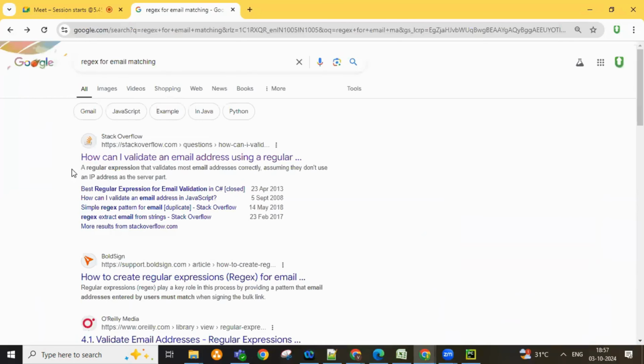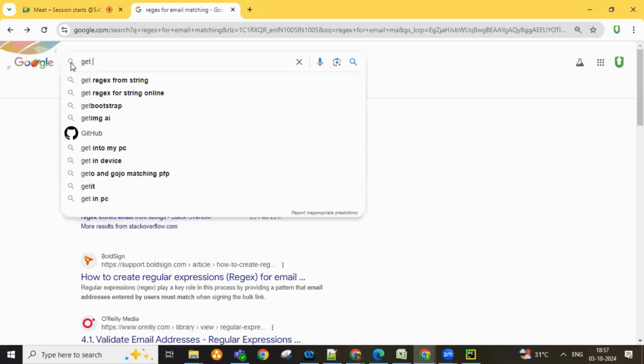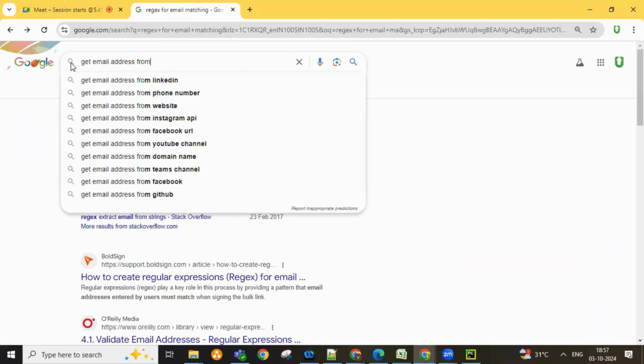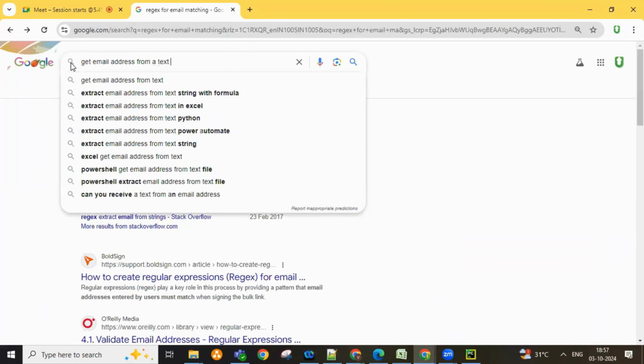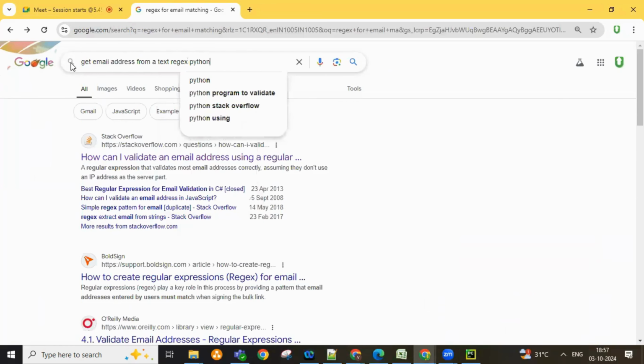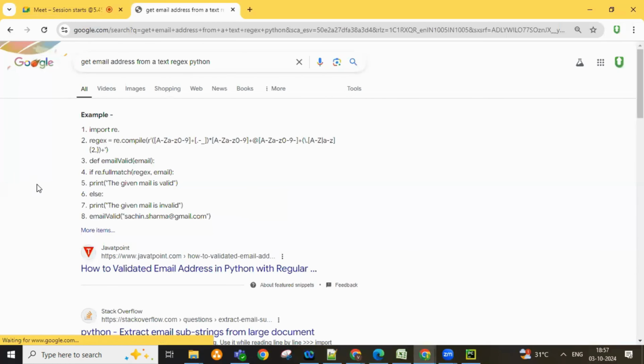Not this one. One second. Or simply get email addresses from a text regex Python. Did you see here? Now, I think we are exactly close. Got it? We are almost close. But our pattern is nicer than this, isn't it?